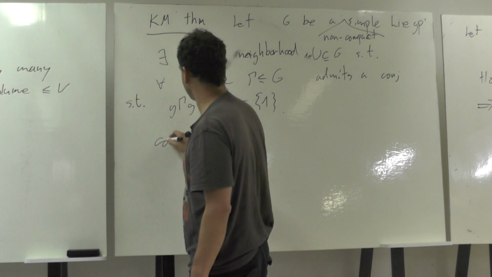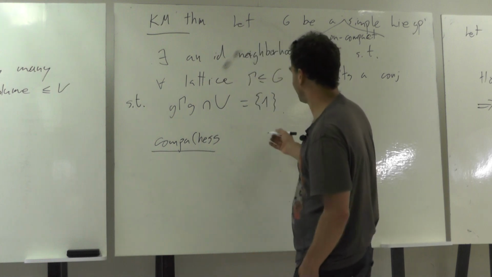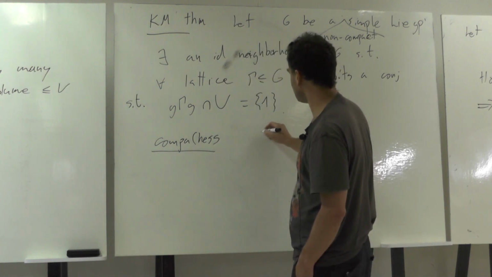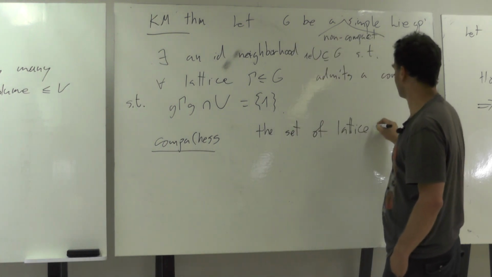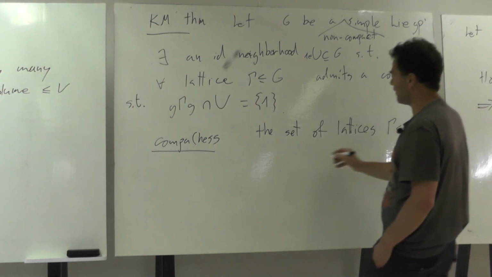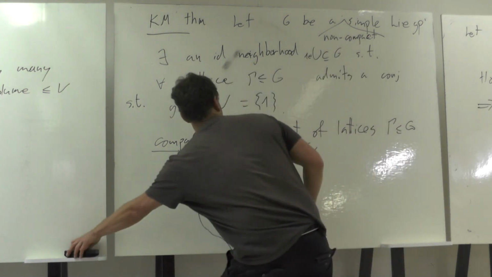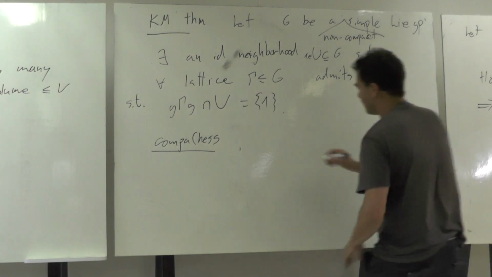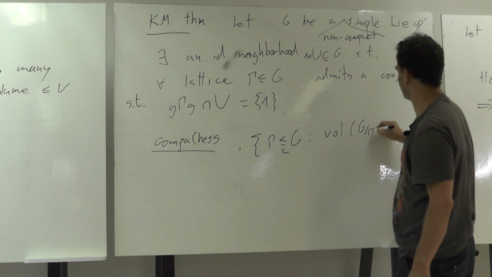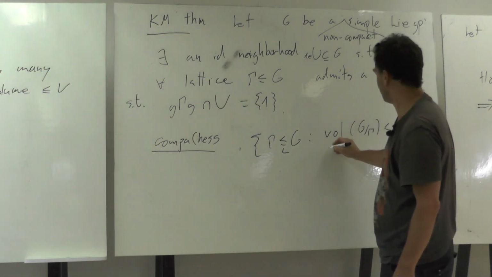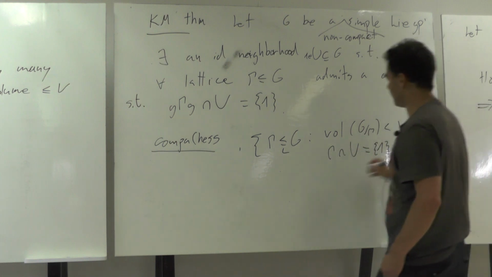So the compactness criterion: if you look at all lattices, the set of all gamma in G such that the volume of G mod gamma is less than a given number and gamma intersects U trivially is compact.